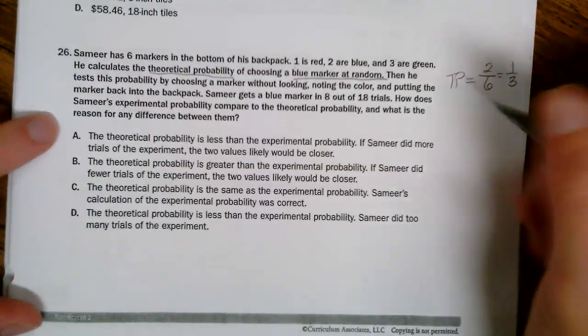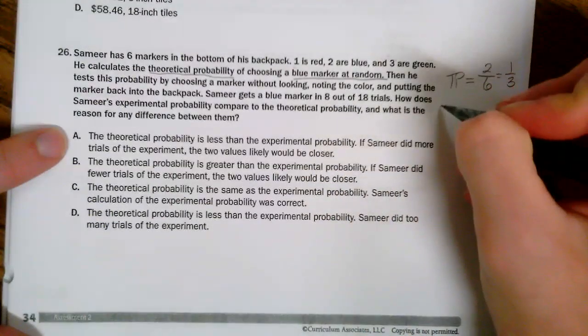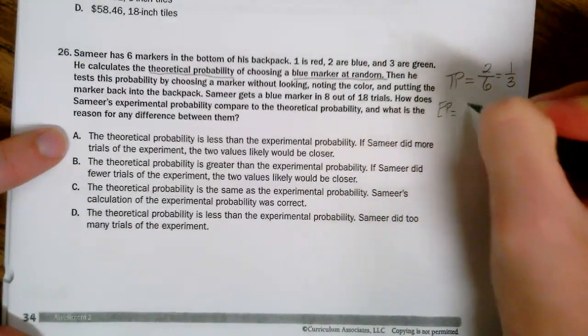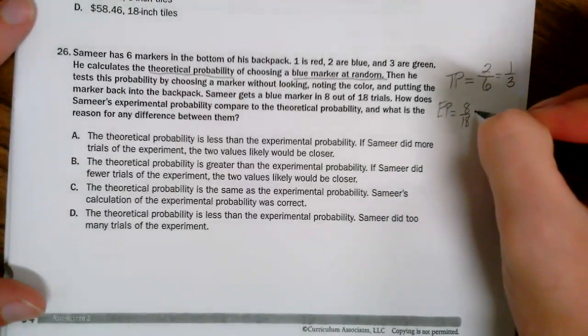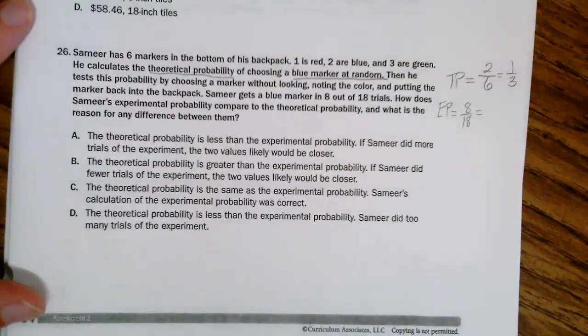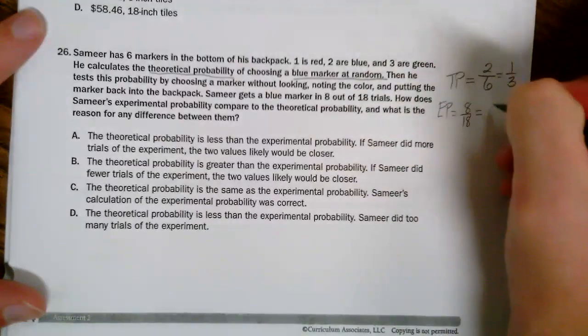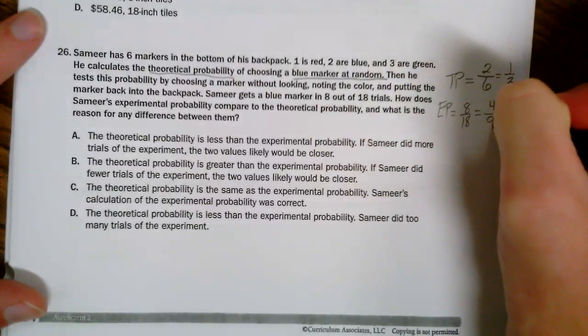Now Samir gets a blue marker in his experimental probability 8 out of 18 times. Okay, so I can simplify 8/18 down, since they're both even numbers, and I would get 4/9.